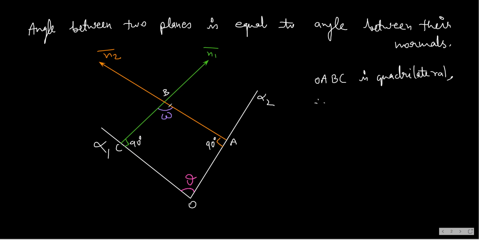Therefore, you know that the sum of all the interior angles of a quadrilateral is equal to 360 degree. So I have this 90 degree plus this 90 degree plus theta plus omega is equal to 360 degree. So theta plus omega is equal to 360 minus 180, that is 180 degree. This is equation number 1.